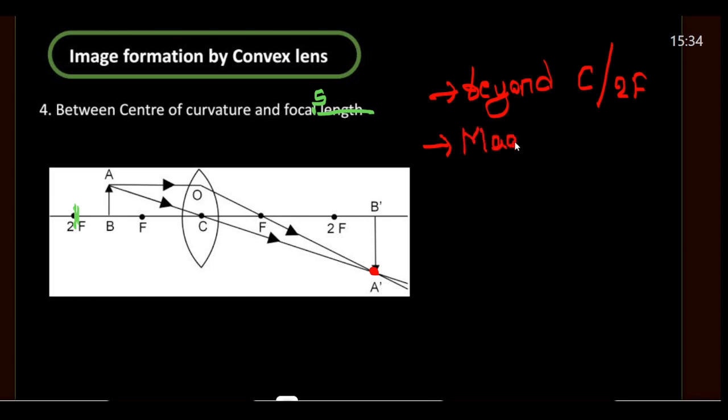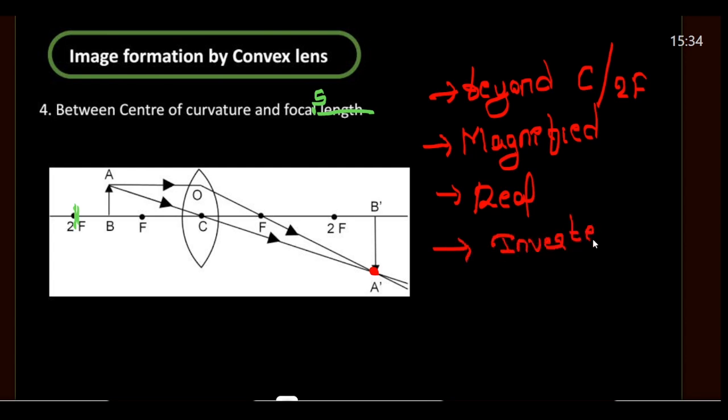So we can write either magnified image or enlarged image, and whether it is virtual or real. Since these two refracted rays converge directly, we got a real image. And yes, a real image is always inverted, and we can also confirm that from the ray diagram. So these are the characteristics of the image when we place the object between center and focus in front of a convex lens, right?